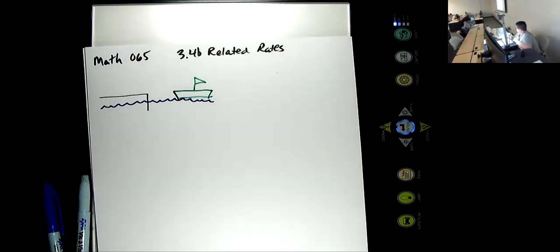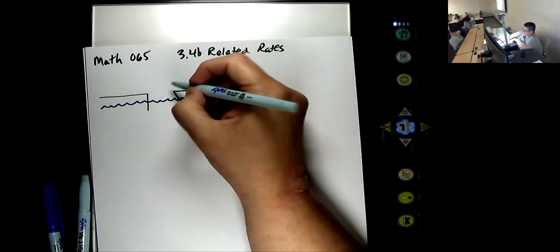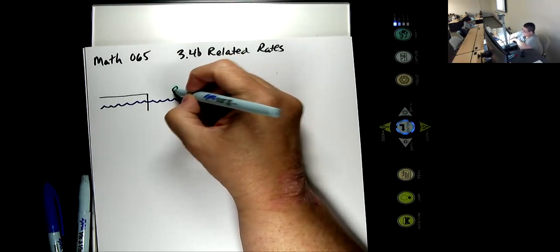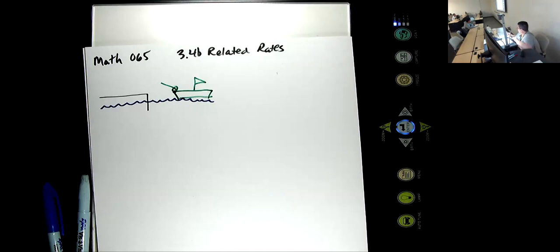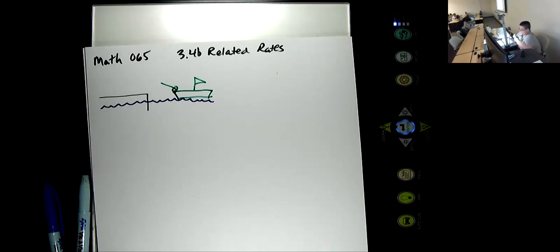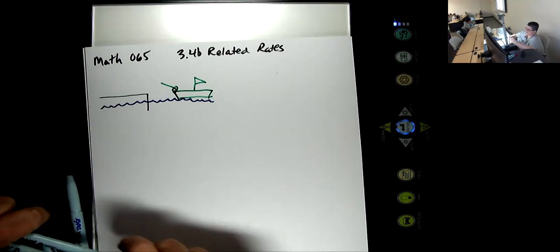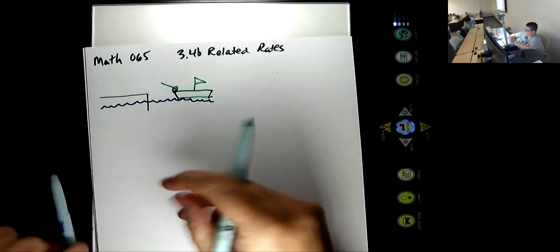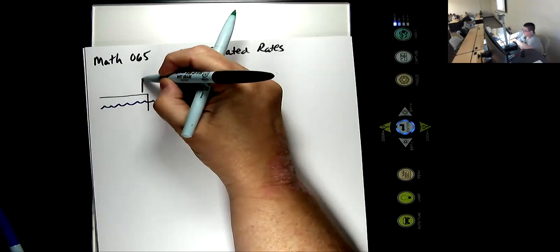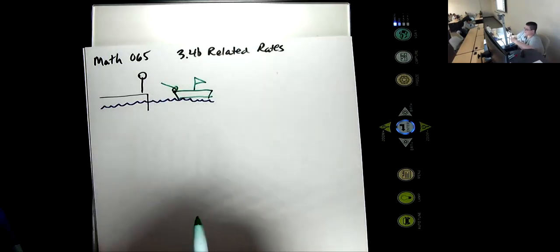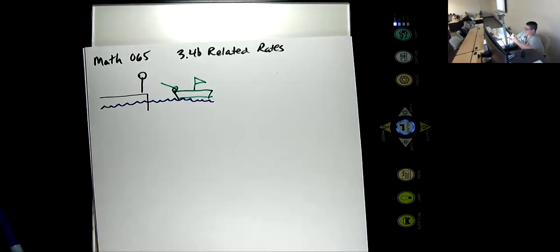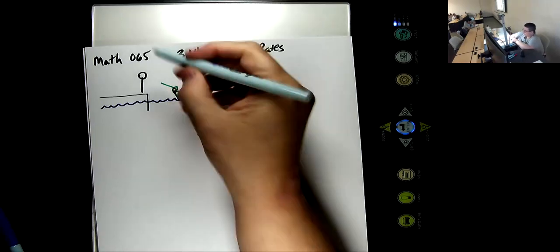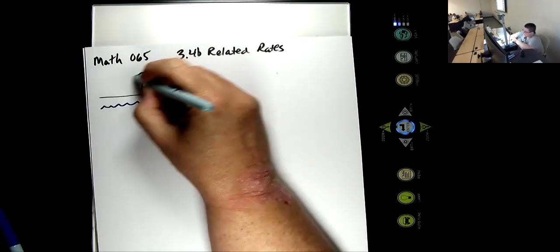And it says there is a rope attached to the bow of the boat. So it must be a little ring there, and there's a rope coming off. And it's attached to a pulley on the dock that is 1 meter higher than the bow of the boat. So maybe there's a little pulley up like this, and the cord's going over it, and it's going like that.